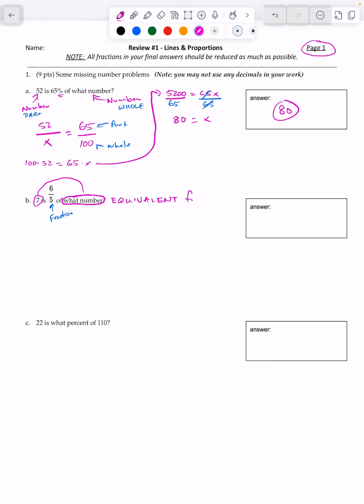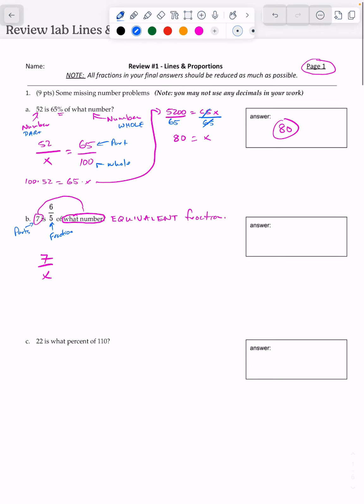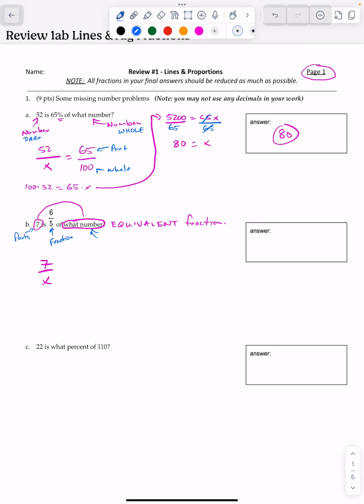So same basic idea as with the percents, right? So I've got 6, I'll do it this way. 7 and what number, because these are both the parts that we have, and this is supposed to be the whole.